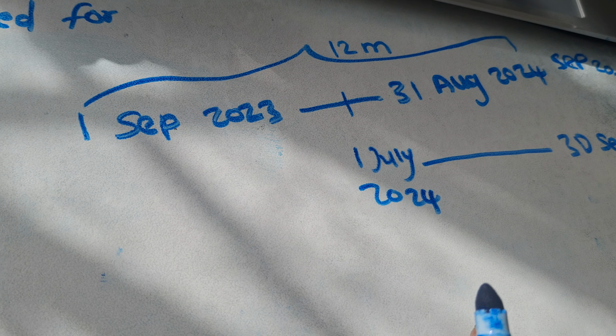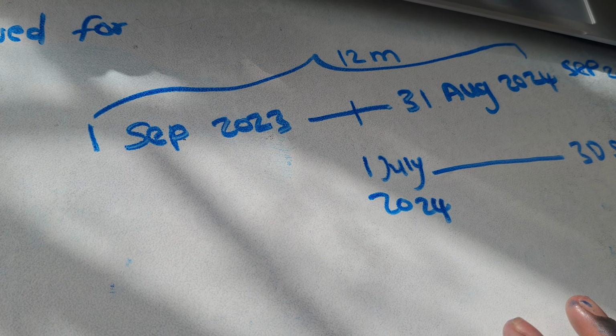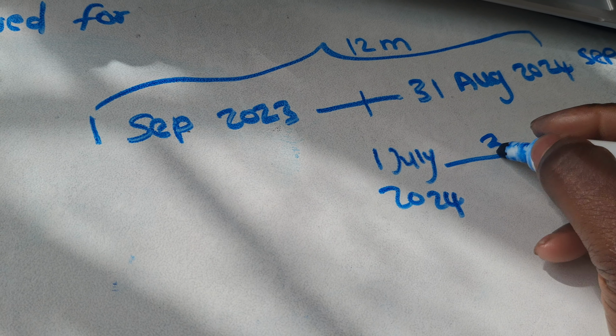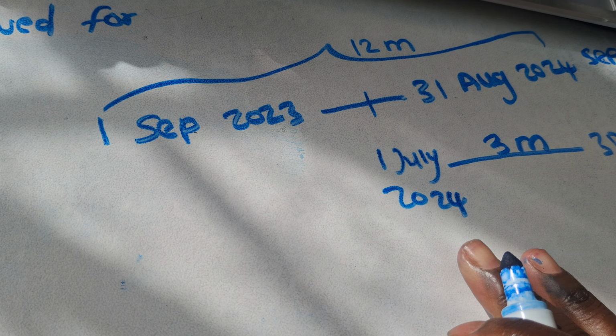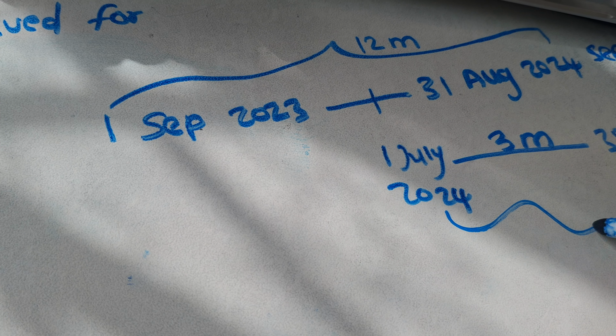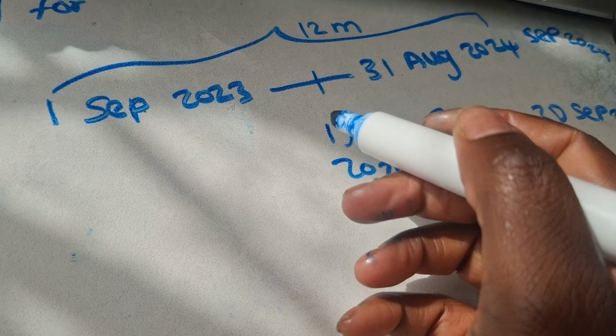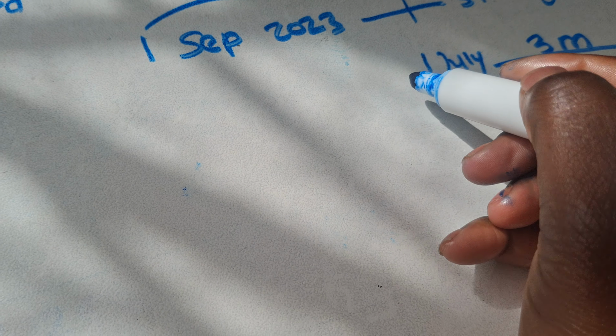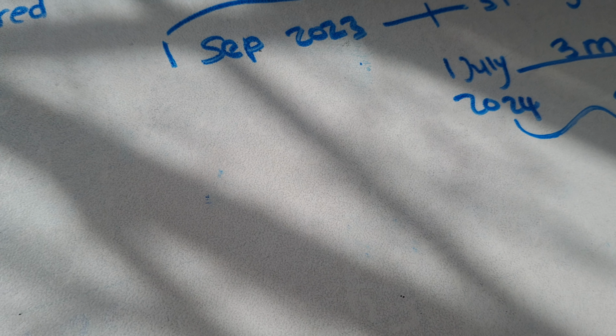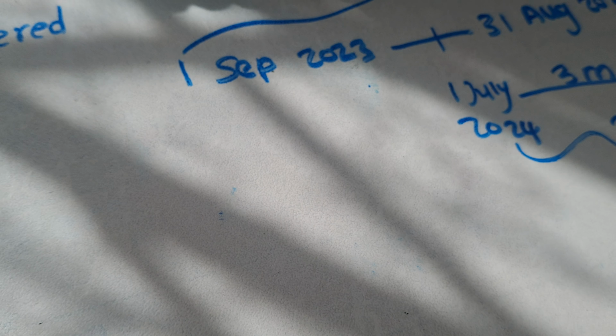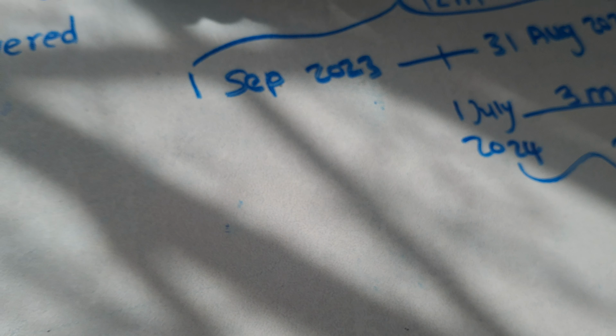We have July, August, September. We have 3 months. So for these 3 months, rent was increased by 250. But before the 3 months, rent was not increased, right?